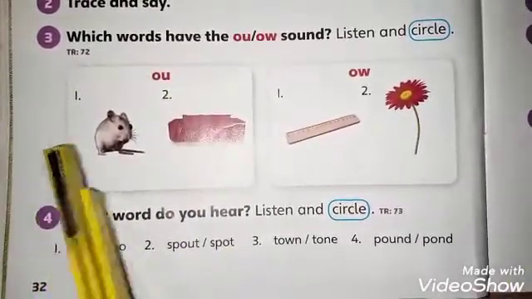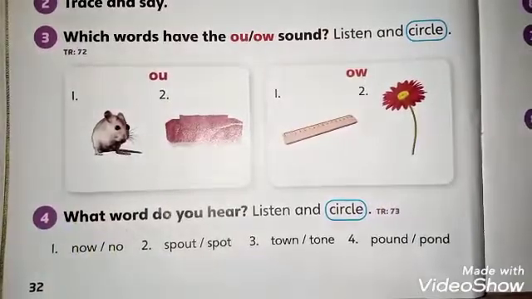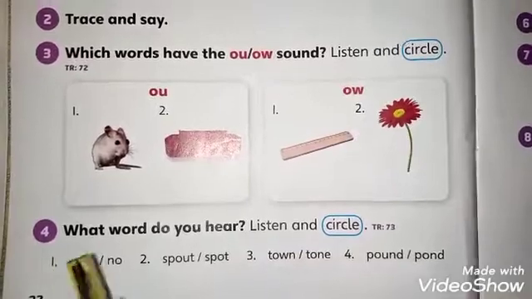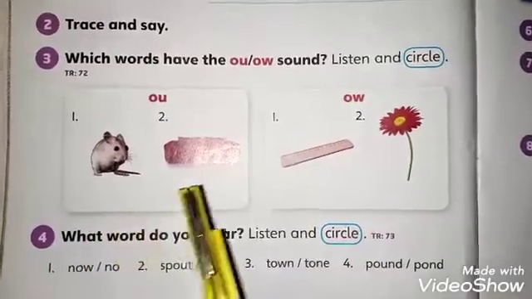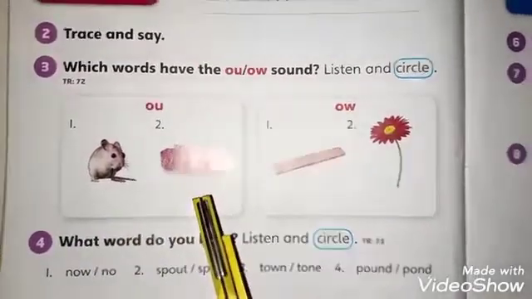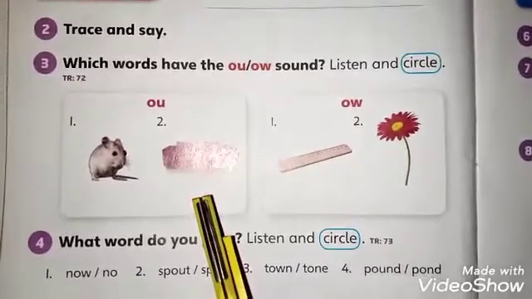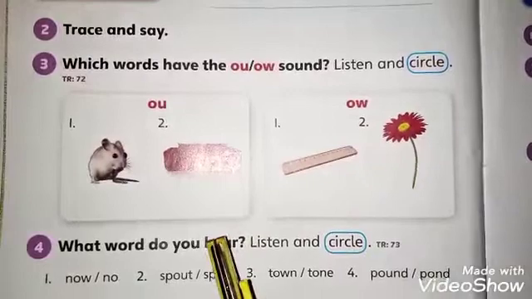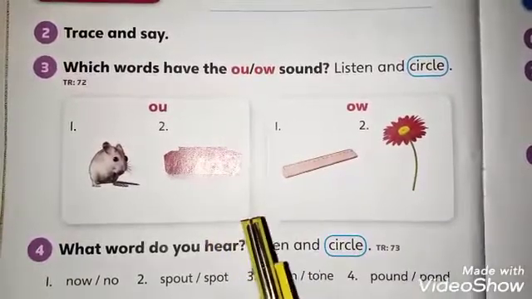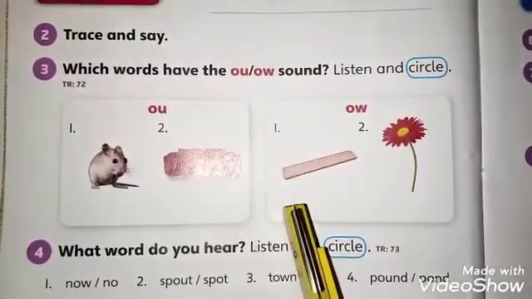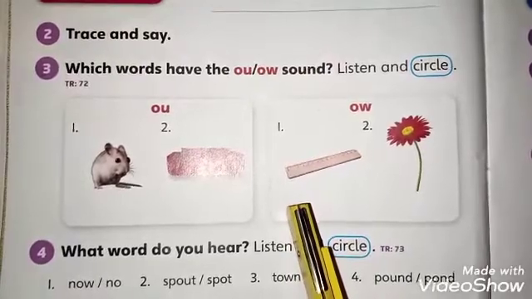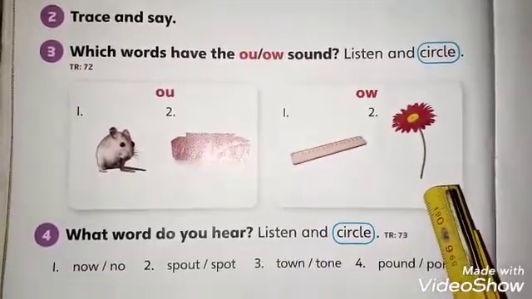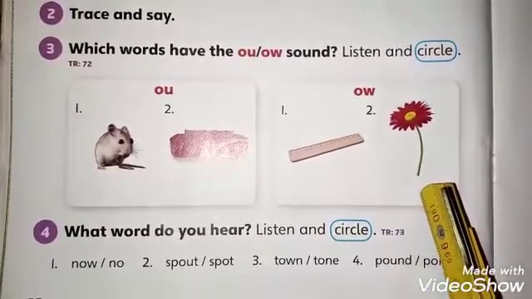Ow. 1. Mouse. Mouse. 2. Couch. Couch. OW. Ow, ow. 1. Ruler, ruler. 2. Flower, flower.